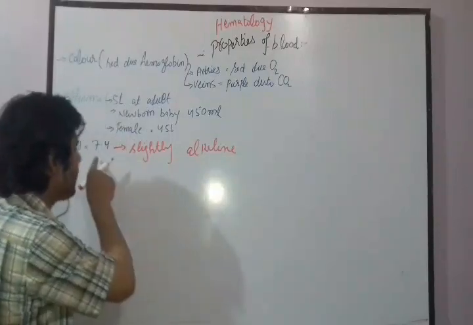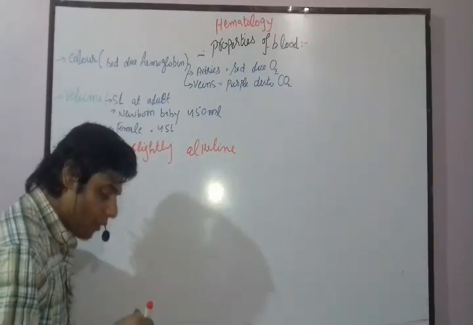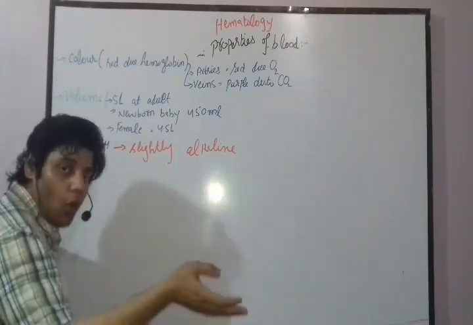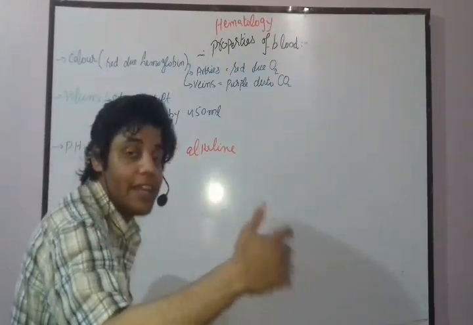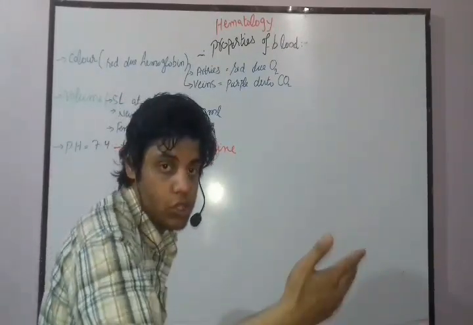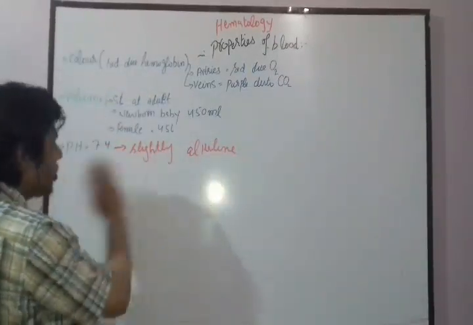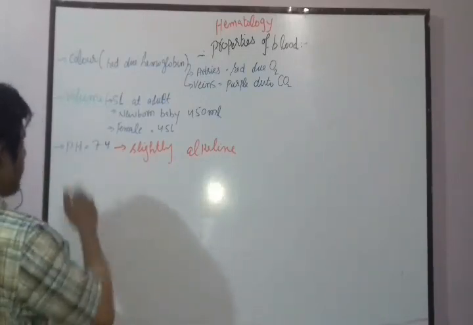Why? Because its pH is 7.4. When blood pH is higher or lower than 7.4, it is hematopathology. It means it is a disease condition. So pH of the blood normally is 7.4. This is the third property.